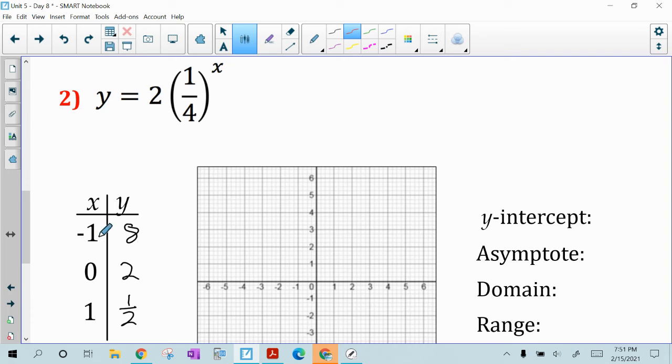I'm looking at (-1, 8), which is way up here. I've got (0, 2), which is down there, and I've got (1, 1/2) here. Now, as I progress from left to right, I'm dividing by 4, I'm dividing by 4, and no surprise there, the next one's probably also going to be dividing by 4. So you can see what's going on with that.